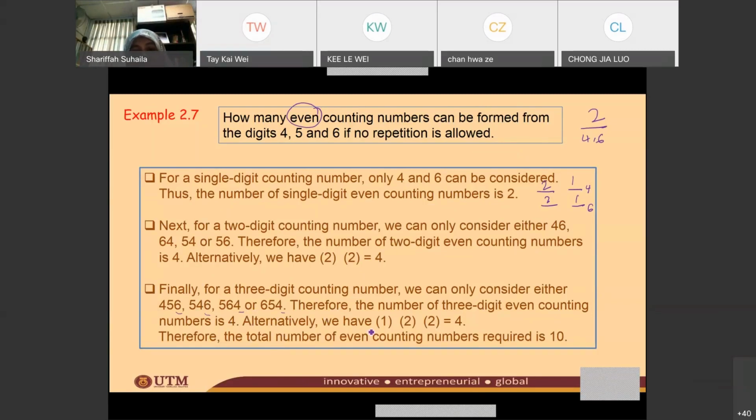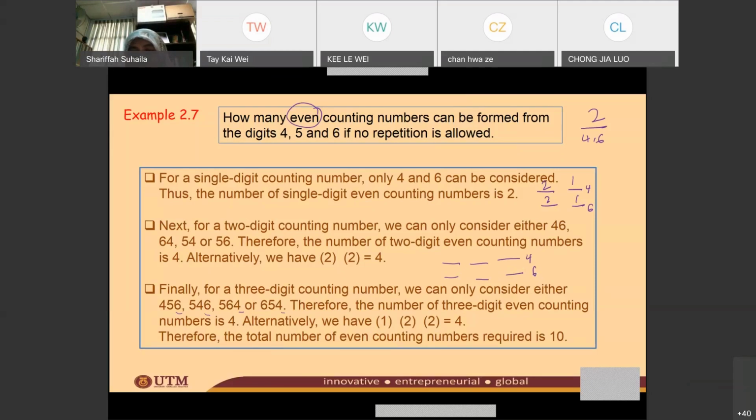So alternatively, we can have the same thing here. Katakan kat sini, again lah. Kalau nak buat satu-satu pun boleh sebab kita ada 2 je even number. So again sama ada kita nak masukkan nombor 4 ataupun nombor 6.